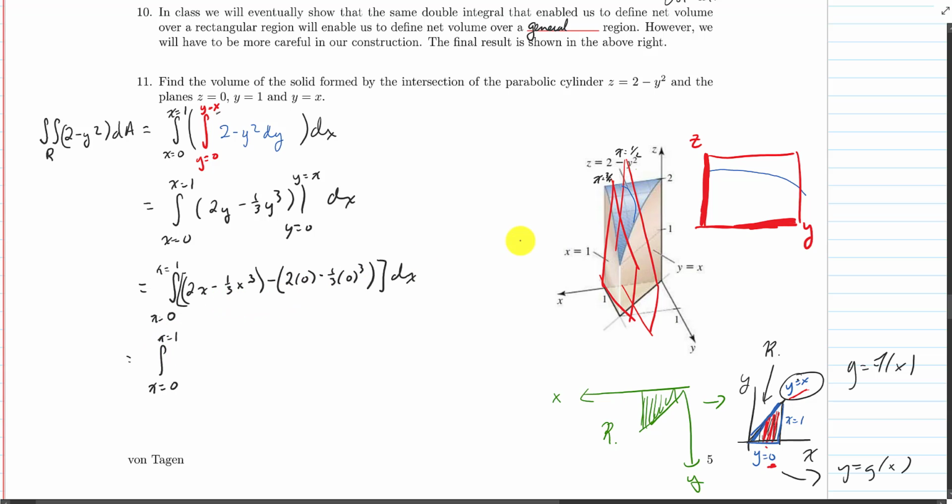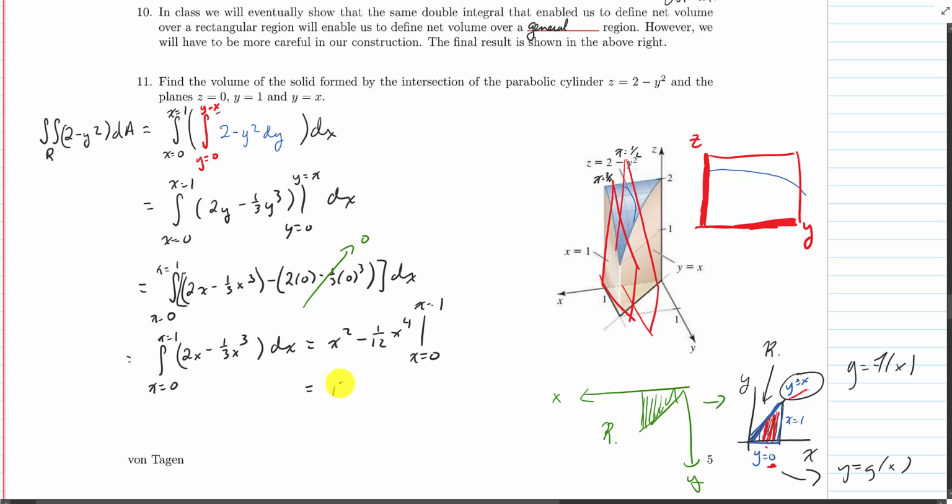Notice that this second term contributes nothing. So we just end up with 2x minus 1/3 x cubed, which I'm going to integrate with respect to x. Doing so gives us, let's see, we have to divide by 2, so this gives us x squared minus 1/12 x to the 4th, evaluated between x equals 0 and x equals 1.